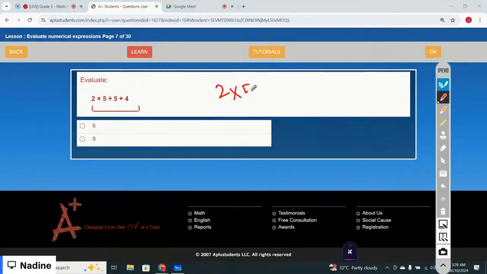Okay, you have to go from left to right. You have to perform multiplication first, right? 2 times 5 is 10. Then you have to do division. 10 divided by 5 is 2 and 2 plus 4 is 6. Yes, very good.